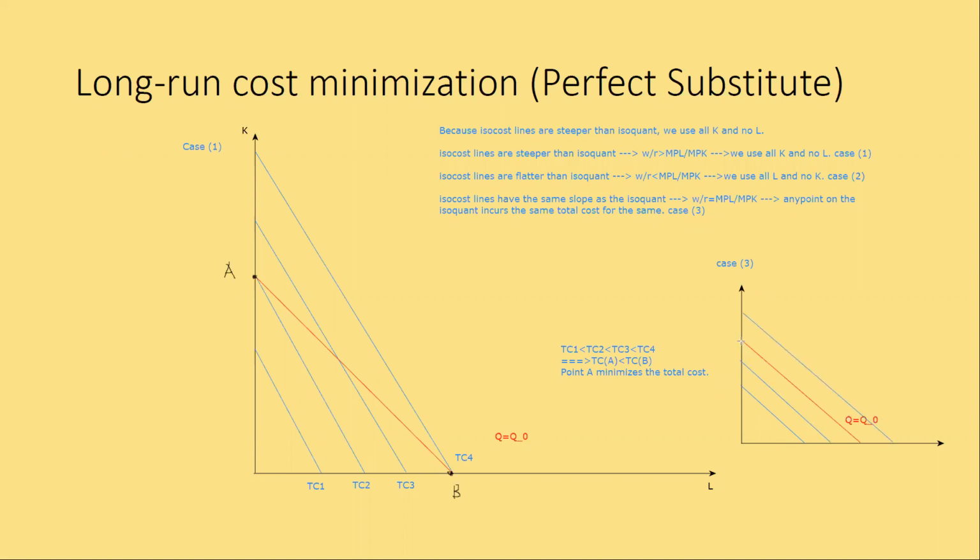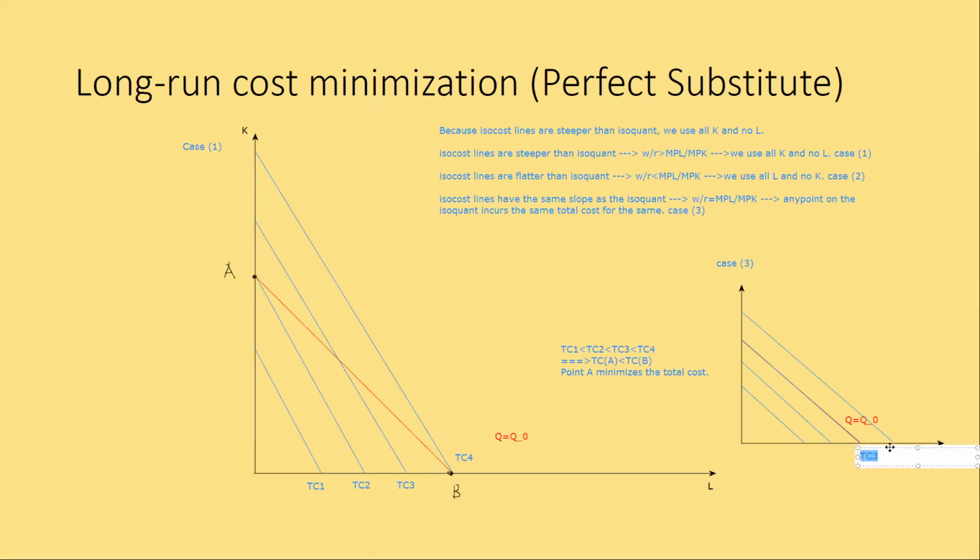And most importantly, there is one isocost line that perfectly fits what the isoquant looks like. So every point on the isoquant is going to be on the same isocost curve.